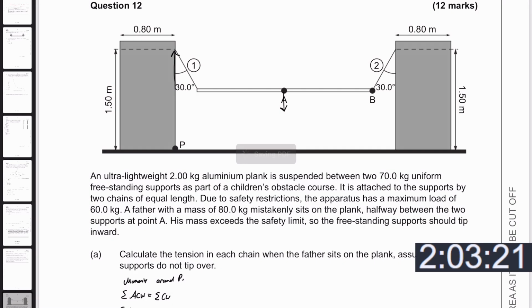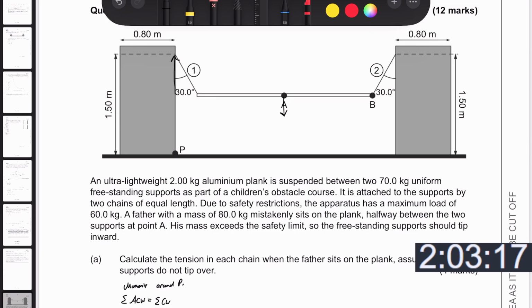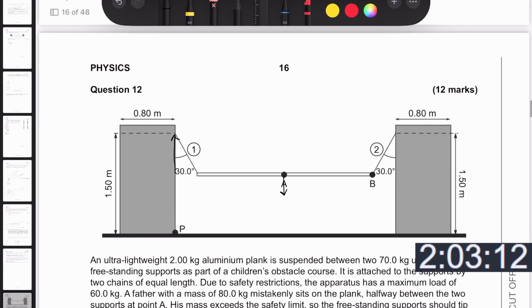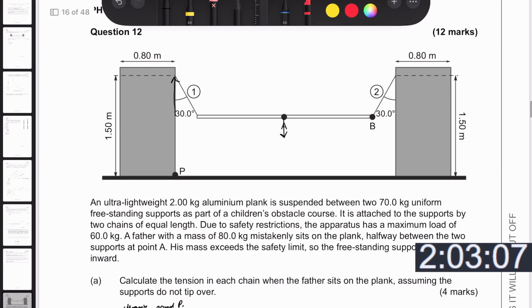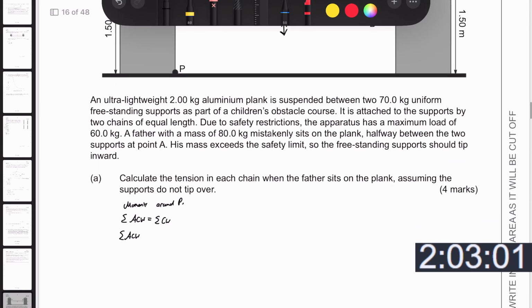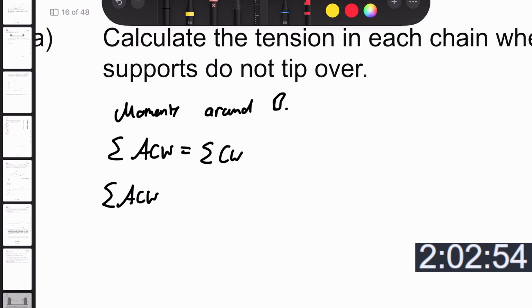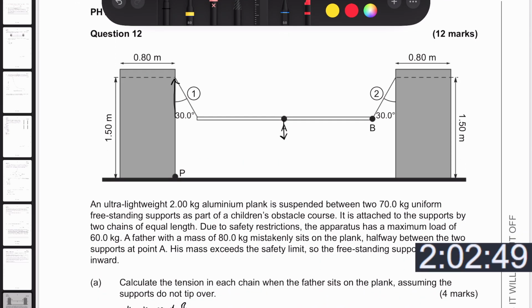Anti-clockwise is going to be, sorry Duolingo, can't do you now. Anti-clockwise. Oh no, I'll take moments around B actually.